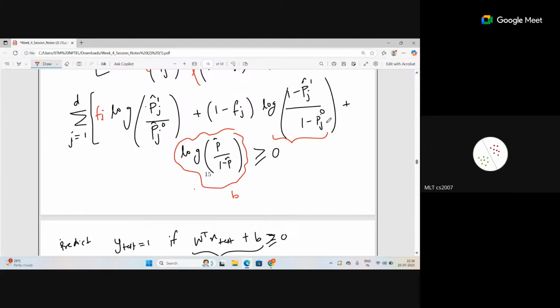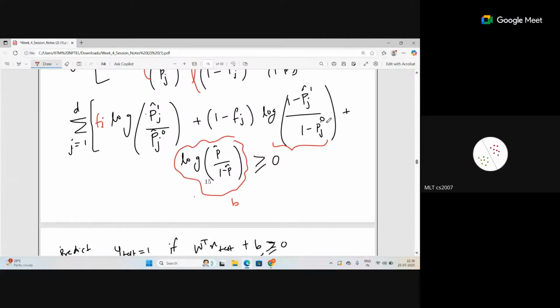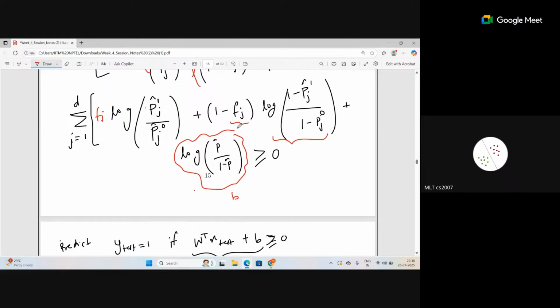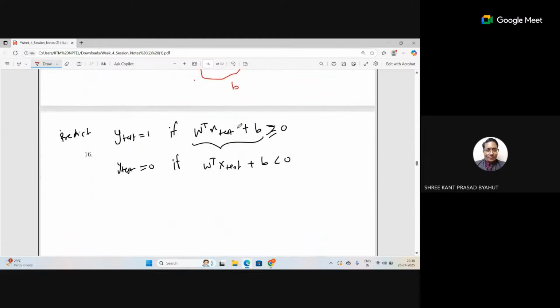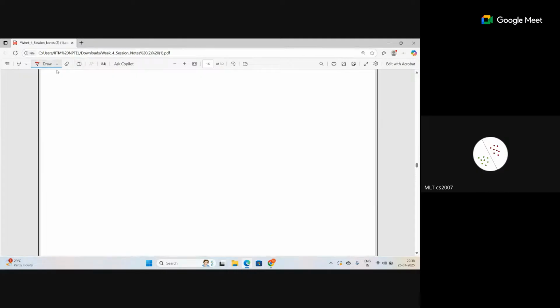Okay, I think before that I do one thing. Is it possible that I can separate this part out first of all? Fj we can separate out. I'll just expand it a little bit. I'm not doing anything different.